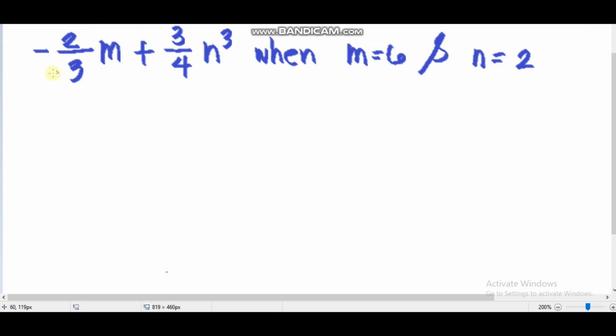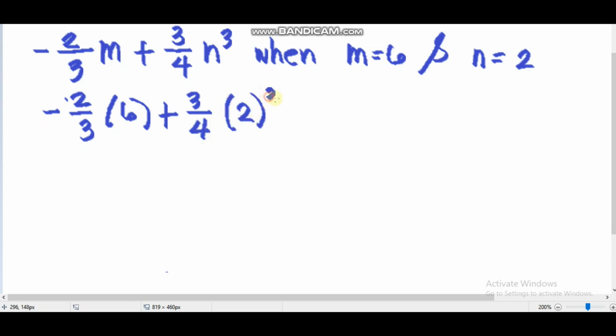Evaluate the expression negative 2/3 m plus 3/4 n cubed when m equals 6 and n equals 2. So, we have negative 2/3, m is 6, plus 3/4, n is 2 cubed.